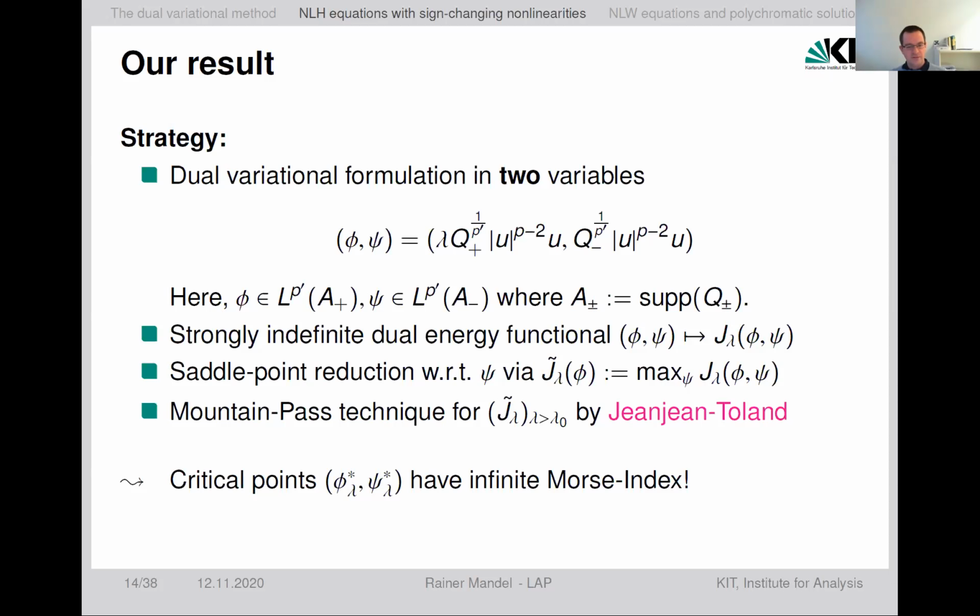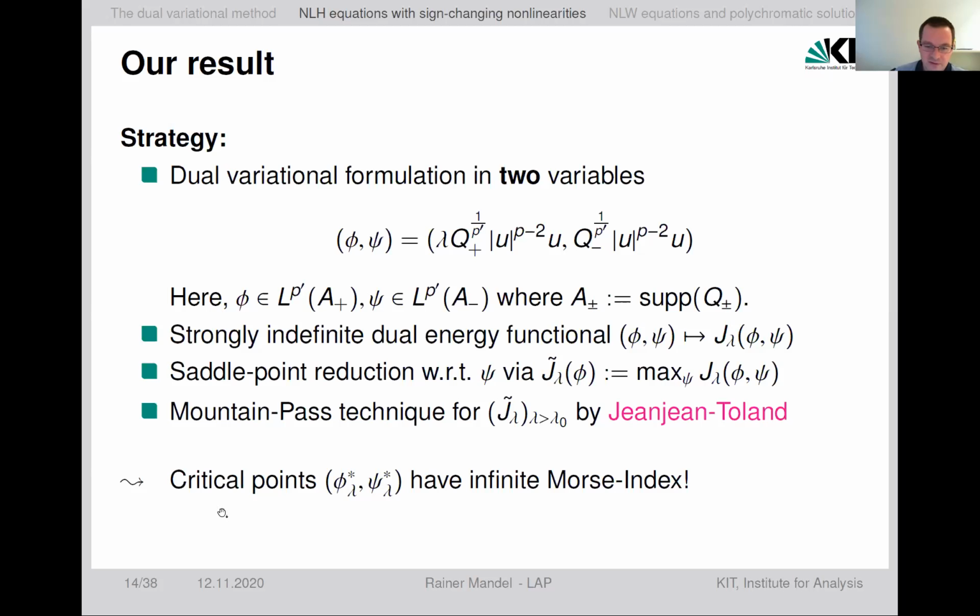And once we have found a critical point of J in that way, we know that these critical points have infinite Morse index, in the sense that there's an infinite dimensional subspace with respect to which we have to have maximized. Yeah? So in an infinite dimensional space that points downwards, so to say.